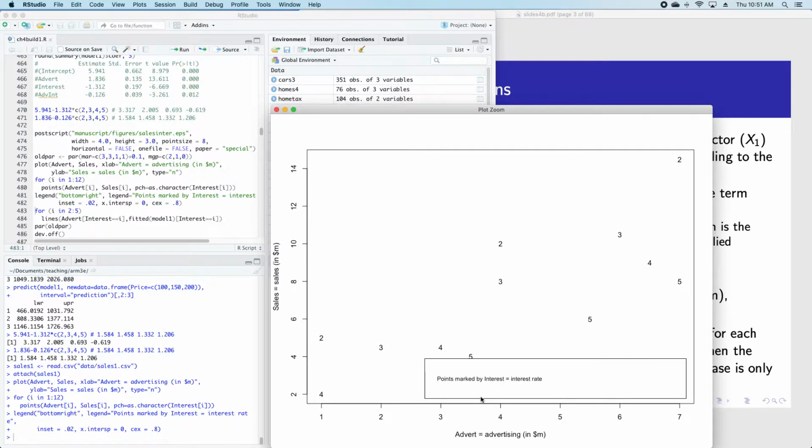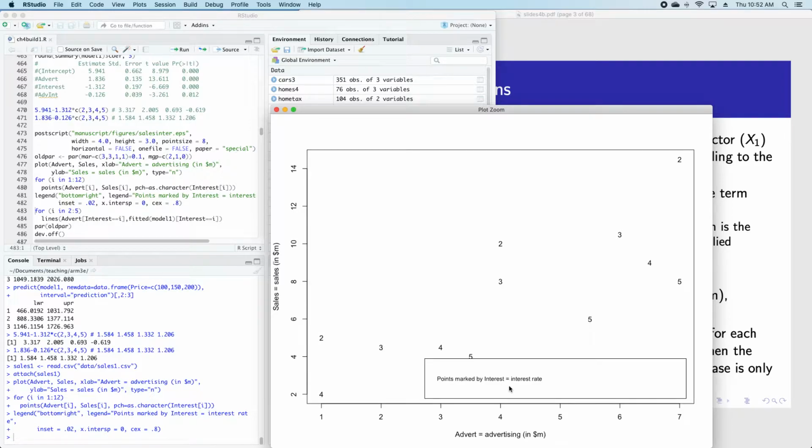Okay, so what have we got going on here? I've got my x1 predictor on the horizontal axis and my response variable y on the vertical axis, and then I've marked the points according to the interest rate, which is the other predictor x2.